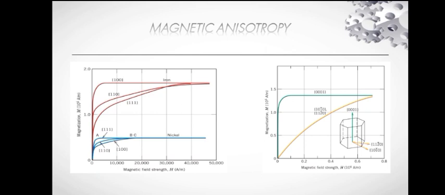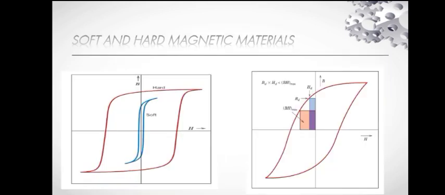Let's proceed to soft and hard magnetic materials. The size and shape of the hysteresis curve for ferromagnetic and ferrimagnetic materials is of considerable practical importance. The area within a loop represents a magnetic energy loss per unit volume of material per magnetization-demagnetization cycle.